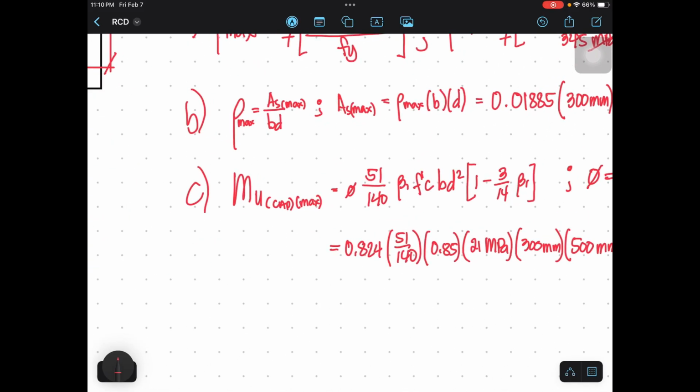So our ultimate moment capacity is 0.824 times 51 divided by 140, quantity 0.85, then 21 times 300 times 500 squared, quantity 1 minus 3 over 14 of the beta factor of 0.85.